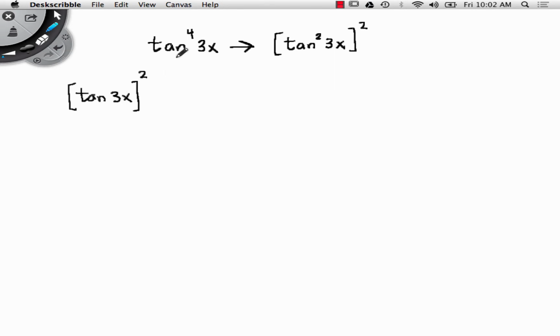Why? Because the 3x is inside the tangent. It's part of the expression. The square can only affect the tangent itself. It can't affect what's inside the tangent. So that's why you have to be very careful, and why it would not become the tangent squared of 9x squared.